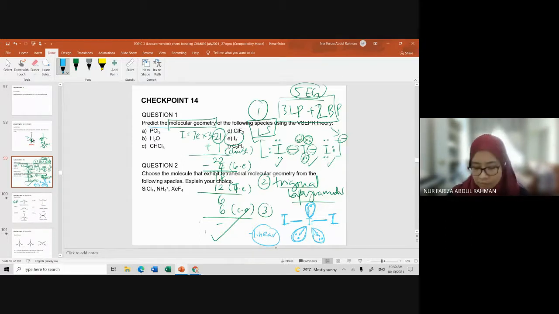That we call ECF, error carry forward, markah kesian, which is of course lah way less than the total mark. The total mark is 5 katakanlah, maybe you dapat 2 atau sometimes 1.5. Depends you betul ke tak ada part-part that apa yang required in determining the molecular geometry.